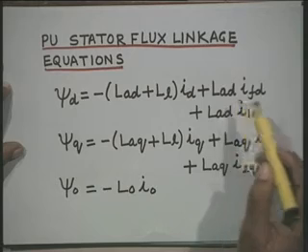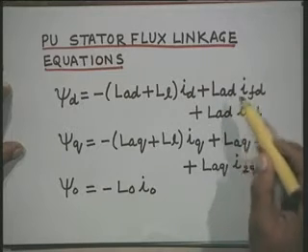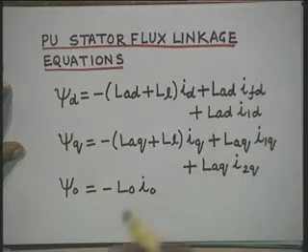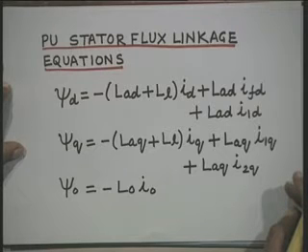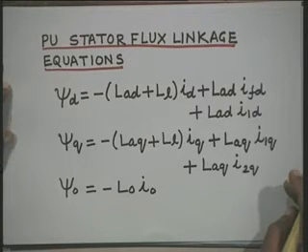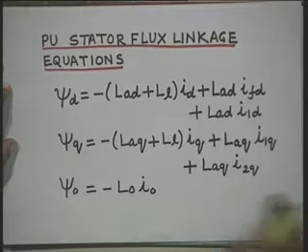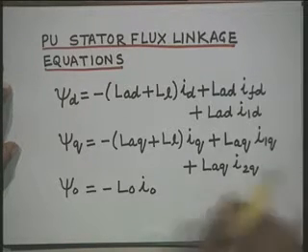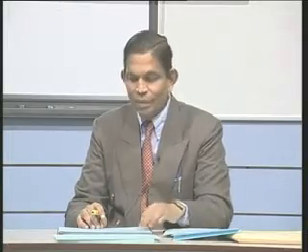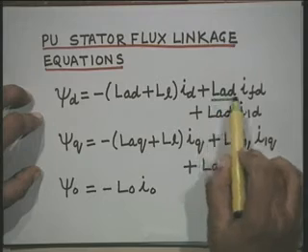Here, this LAD is the mutual inductance between stator and field winding. In the per unit system of representation, we have made all mutual inductances on the d axis equal, so you will find that this LAD appears here.